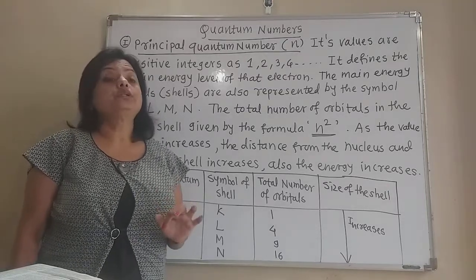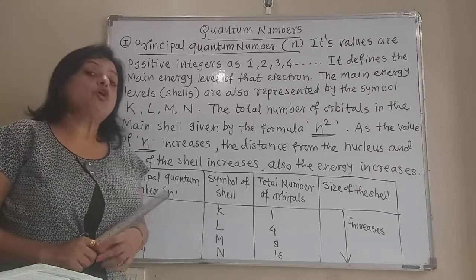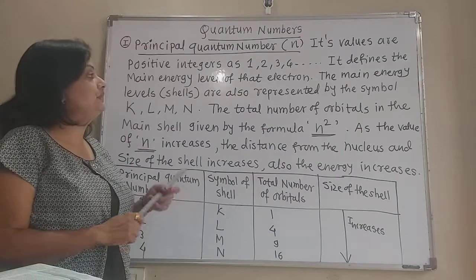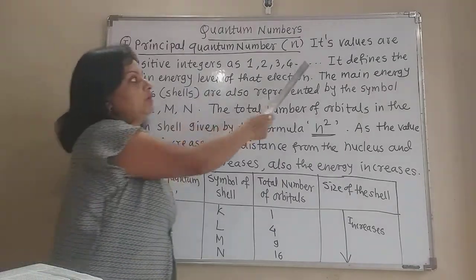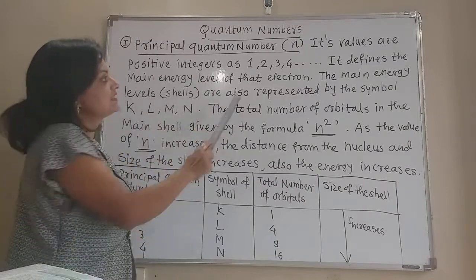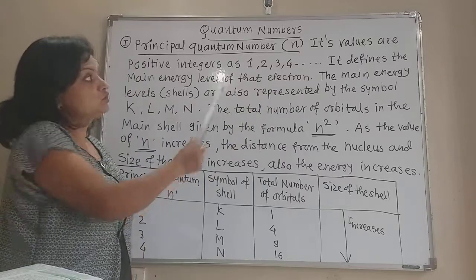revolving around the nucleus. Now see, the principal quantum number has positive integer values such as 1, 2, 3, 4, and so on.